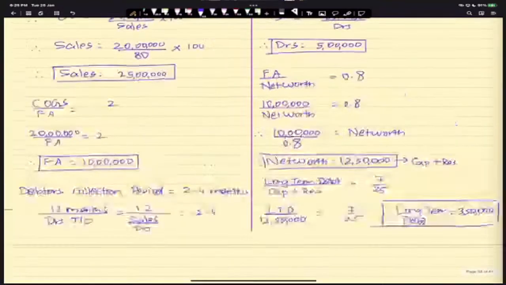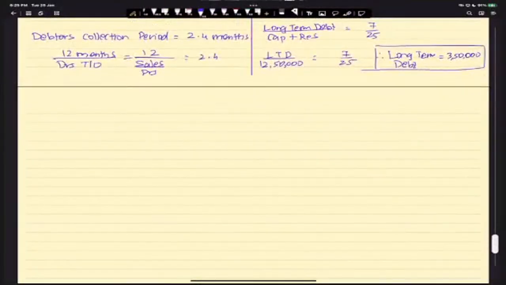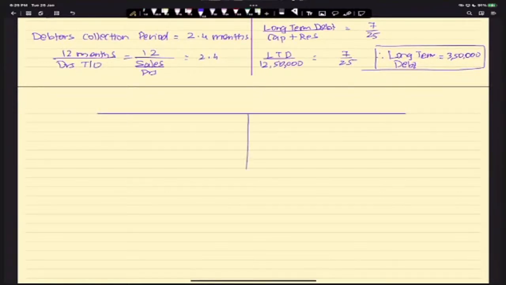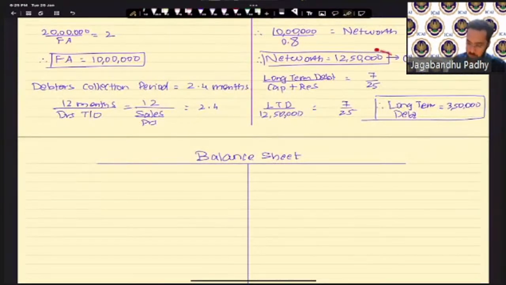So we have used all the ratios and got a lot of values over here. Now we have to give the final shape to the balance sheet. So let's prepare the draft balance sheet. In the balance sheet, we have first the net worth of 12 lakh 50,000, which is share capital and reserves. Now we don't have the bifurcation between share capital and reserves, and no information is given in the question for that.